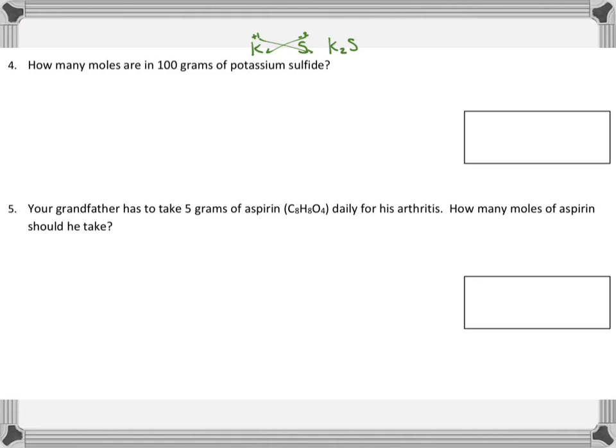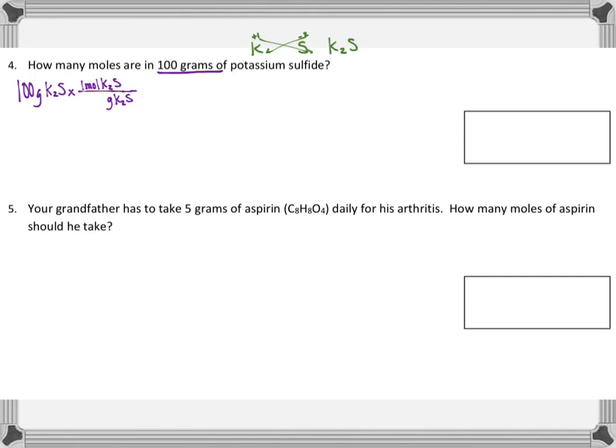So how many moles in 100 grams? 100 grams is my given, and we're talking about potassium sulfide. I want to end up with moles. So I know that 1 mole of potassium sulfide is equal to a certain amount of grams of potassium sulfide.